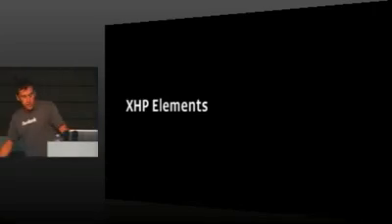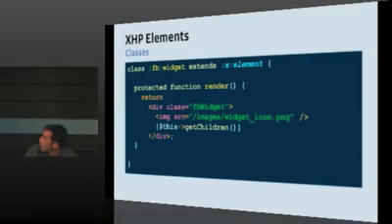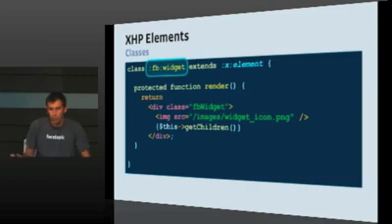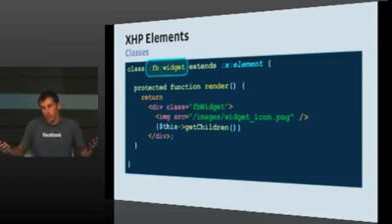So, these XHP elements look like this. Essentially, it's a PHP class creation with a colon appended in front of the name. That's all you need to do, and all of a sudden your PHP object becomes an XHP element.